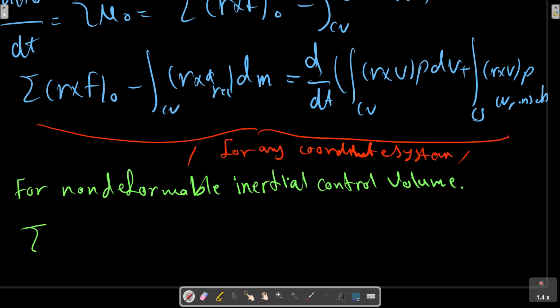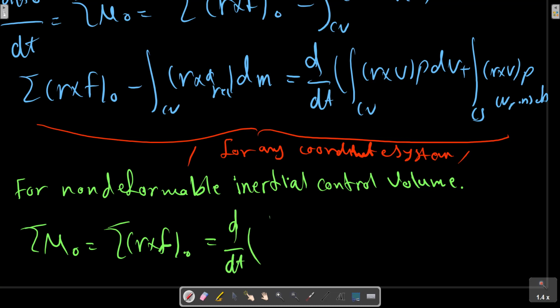sigma M_O equals d on dt of the integral of beta, which is r cross V rho dV, plus the surface integral.